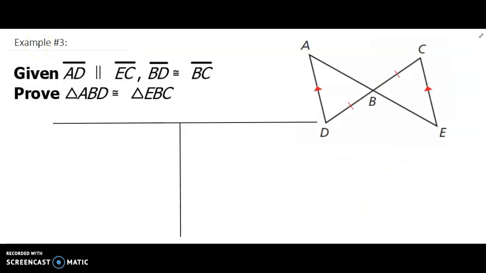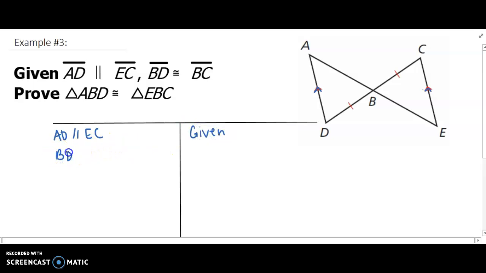All right, so let's look at this proof right here. I'm given that AD is parallel to EC, and notice it already gives me my markings for it. That's given. And I'm also given that BD is congruent to BC, and that is also marked right here and right here. So that's given. All right, so let's go back to this here.